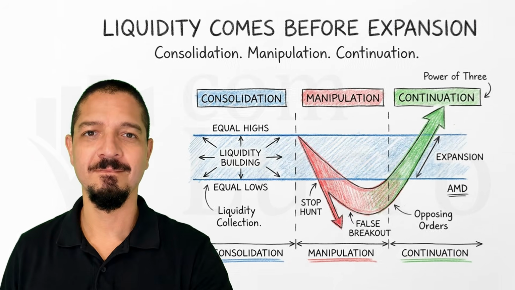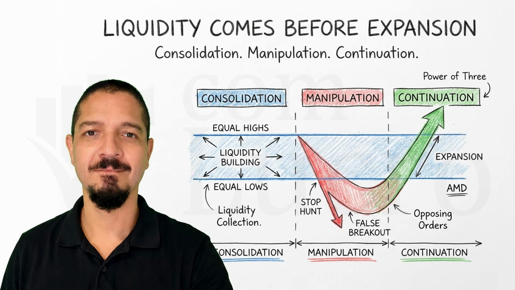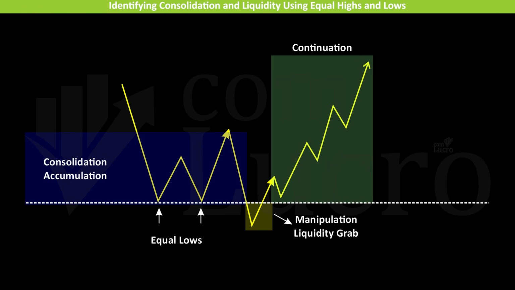The psychology behind this concept is that for continuation moves to develop on the chart, the market first needs to gather liquidity. Large participants require opposing orders to execute their positions, which is why manipulation occurs around consolidation areas. Price moves back and forth until enough liquidity is collected, and only then does the market expand in the intended direction.